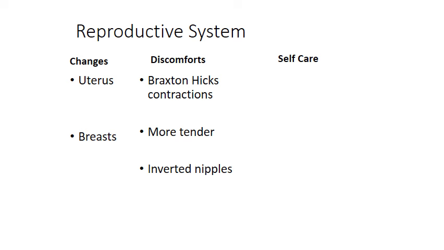In the second trimester, it's normally palpable above the symphysis pubis because it's about 14 weeks. It continues to grow, and the patient may feel quickening about 16 to 18 weeks. And quickening is when you might feel the baby move.